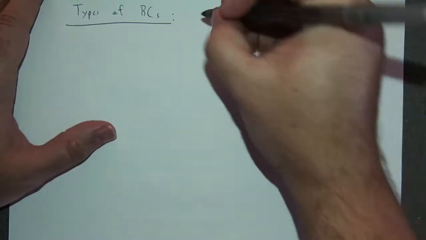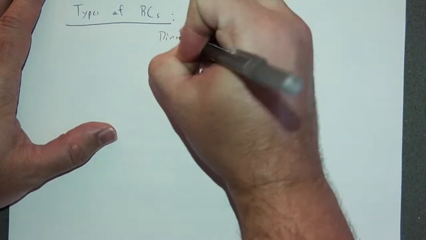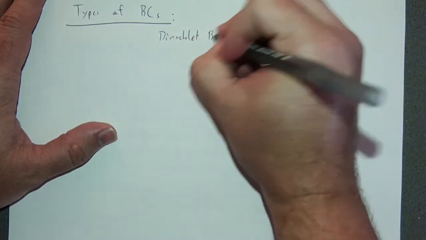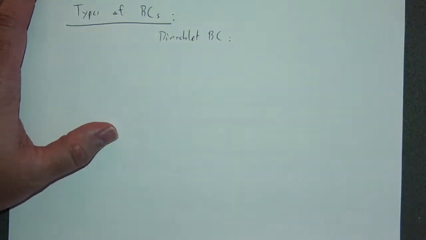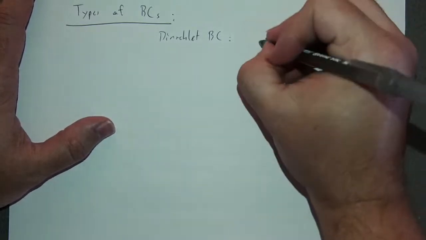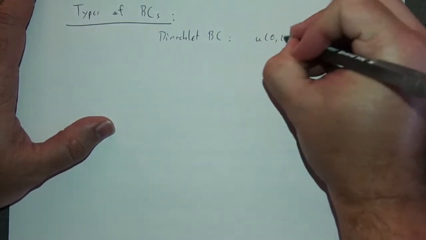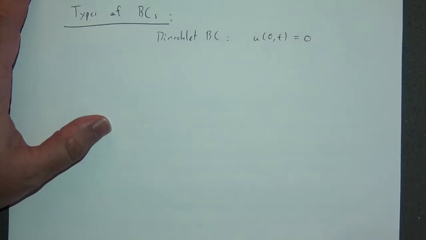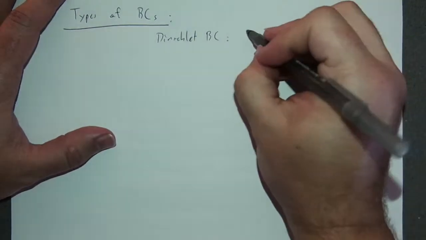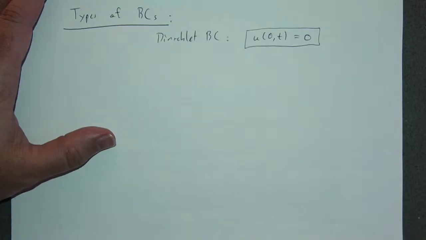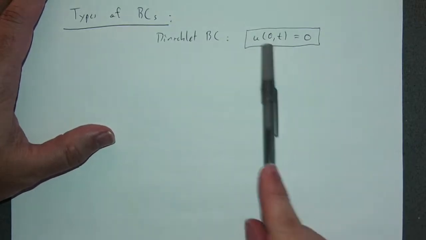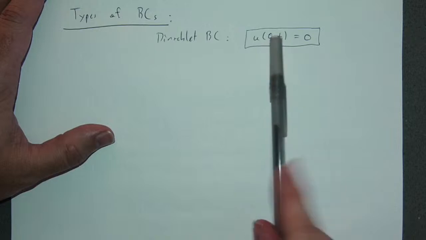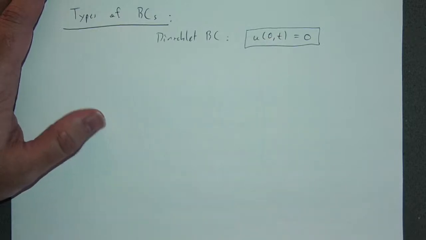There is the Dirichlet boundary condition, which is one like we had, right? So say u of 0, t is equal to 0. This is a Dirichlet boundary condition, just a condition on the displacement itself at the boundary point.